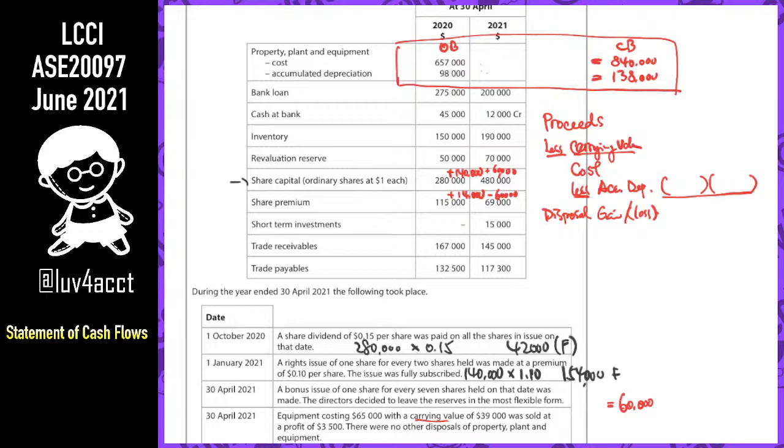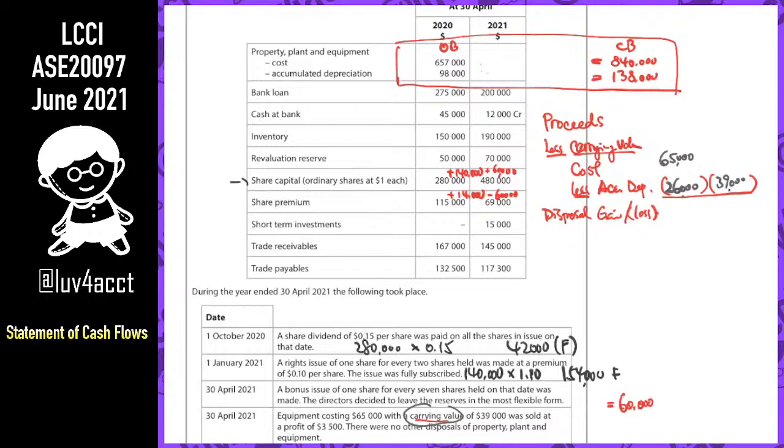So the equipment cost you 65,000, and this time you are given the carrying value, so 39,000 goes in here. Because of this, you will know the accumulated depreciation of the assets you dispose of. 65,000 minus 26,000 gives the carrying value that is given to you. A simple equation helps you find that item, 26,000.